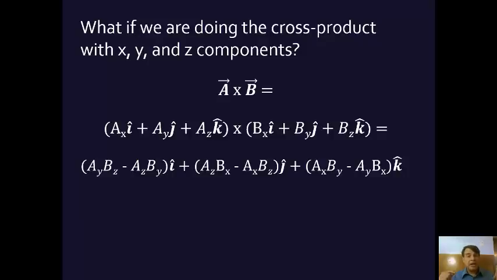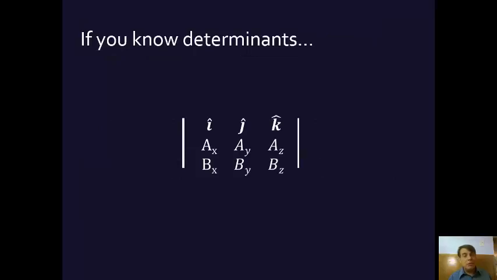Again, you don't necessarily have to memorize this, just know where to look it up when you're given that sort of problem. Now, if you do happen to know determinants, if you do happen to know matrix algebra, and most Algebra 2 classes at least spend a day or two on determinants, you can express what I just said in determinant form if you lay it out like this.